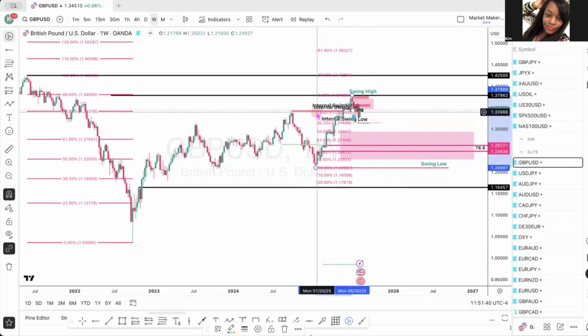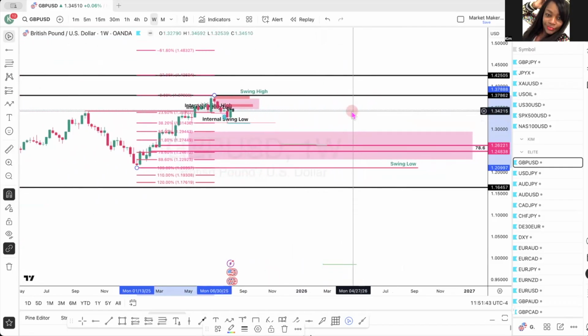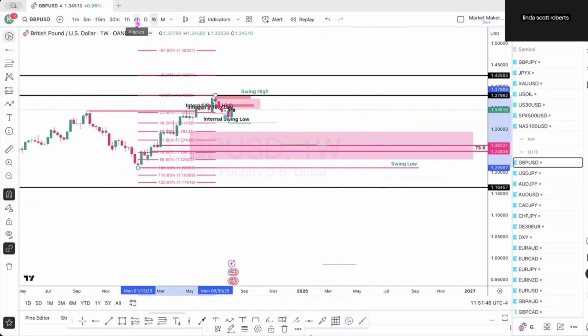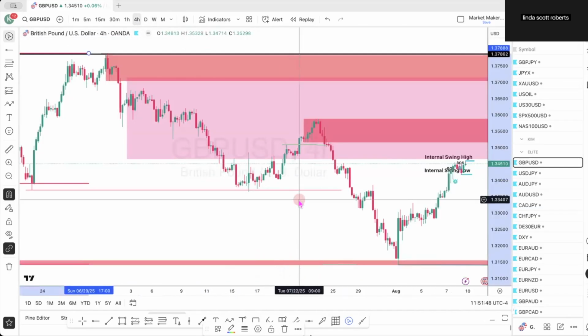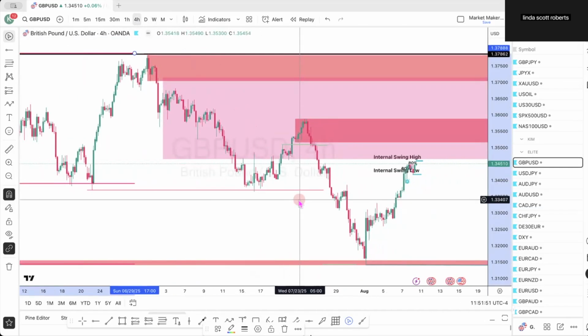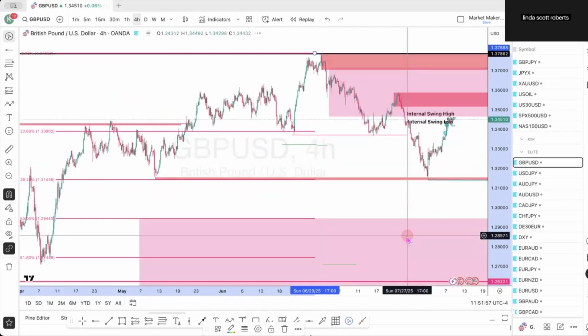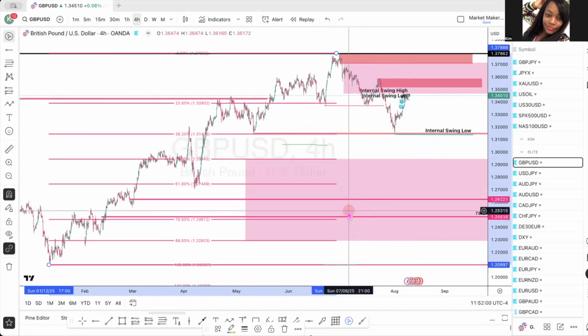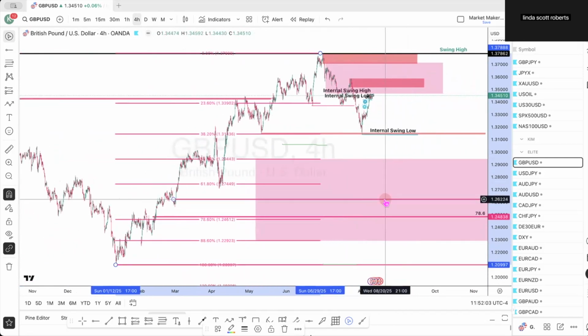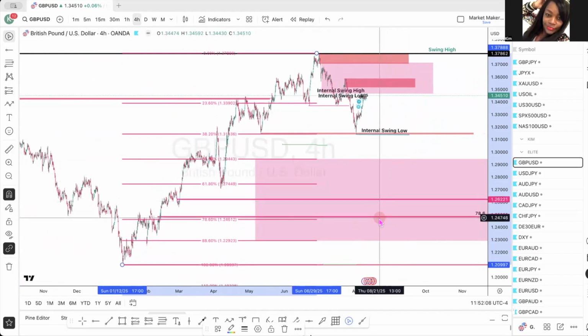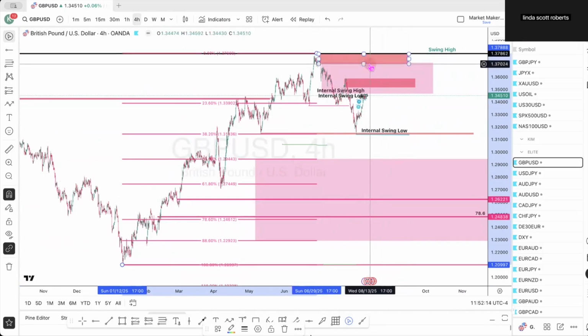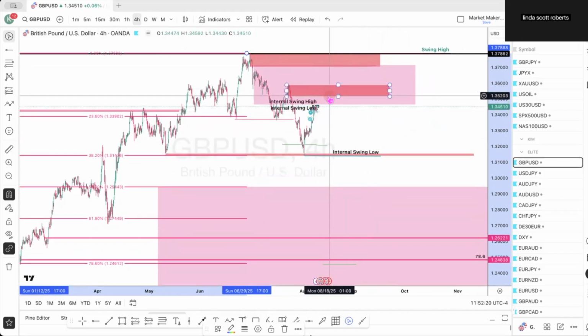You mean two positions? What do you mean? Like you said, you would be waiting for it to come back down to that low right here? Yes, come back down here. So can you have a position there and a position up top, maybe back into the imbalance, right into here?